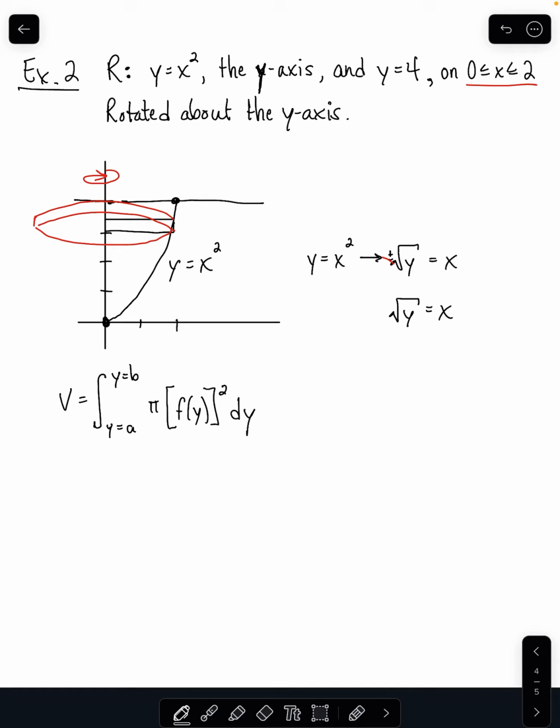As far as the limits of integration go, they work the same way they did when we found the area with respect to y, and they work the same way that they worked when we do it with respect to x. We integrate from the lowest possible y value we could draw the rectangle at, which is down here at the bottom at y equals 0, up to the highest place we could draw the rectangle at, which is at y equals 4.